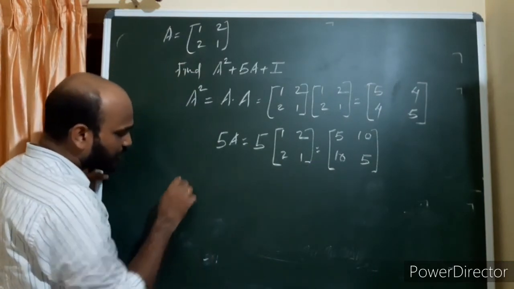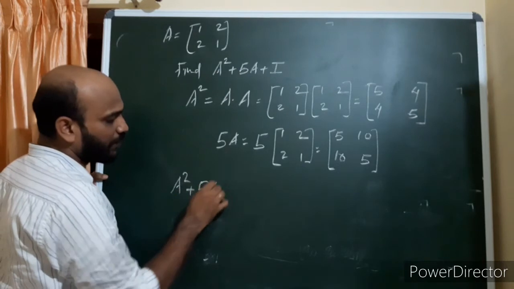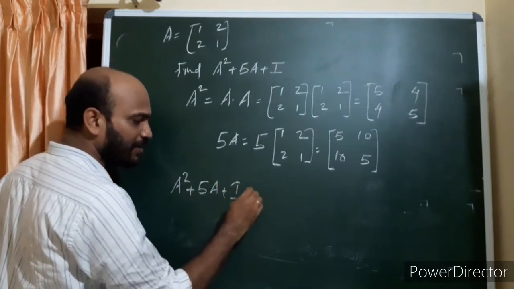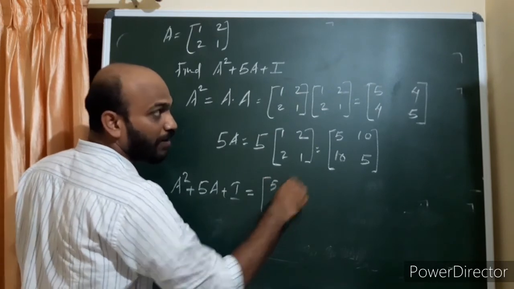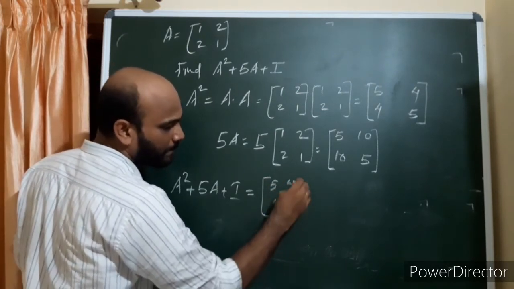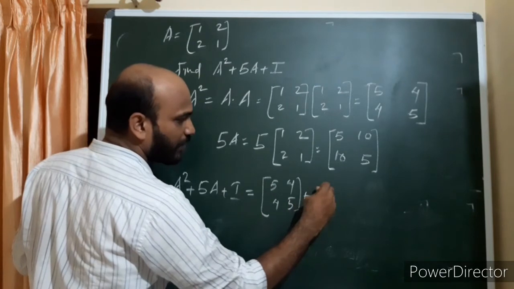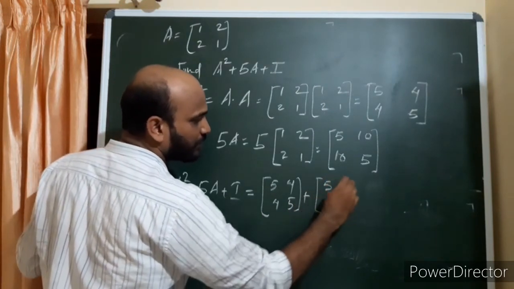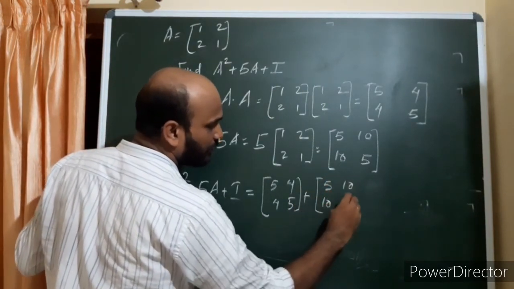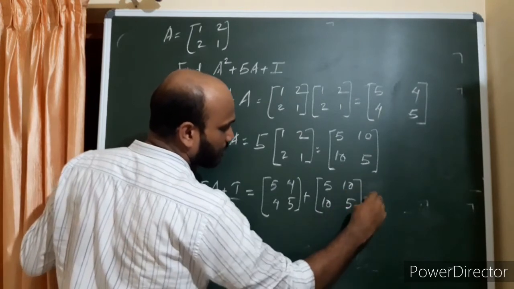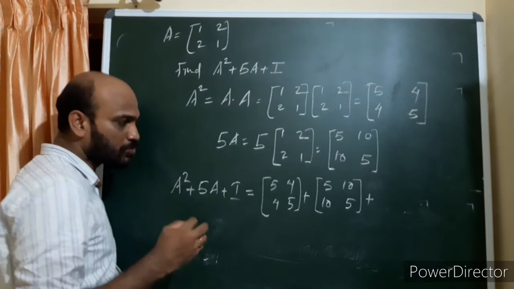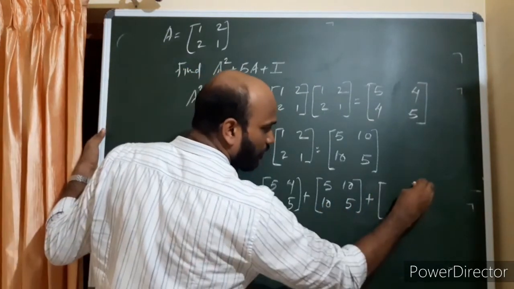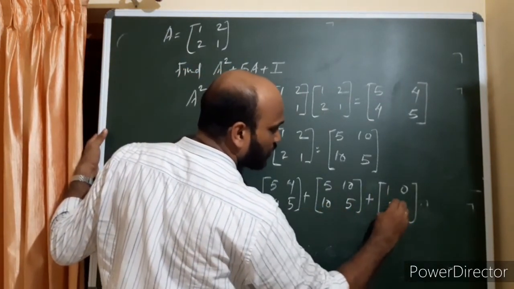Now A square plus 5A plus I is equal to, what is A square? That is 5, 4, 4, 5, and 5A that is 5, 10, 10, 5, plus I. I means the identity matrix of order 2. That is 1, 0, 0, 1.